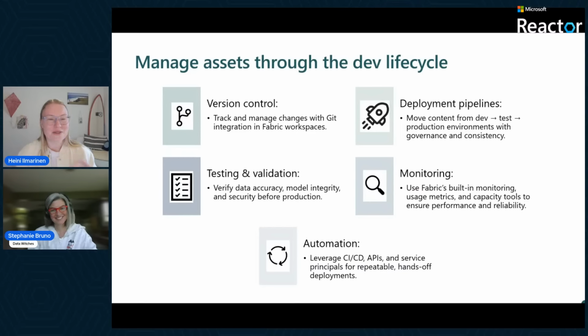So you can use those different tools to ensure that you have the visibility to everything running in your environment that you actually require. And then for automation, we are able to use external tools to call the different APIs that we have available in Fabric. That allows us to also build custom CI/CD processes within Azure DevOps or GitHub and use the deployment options there as well from outside of Fabric.